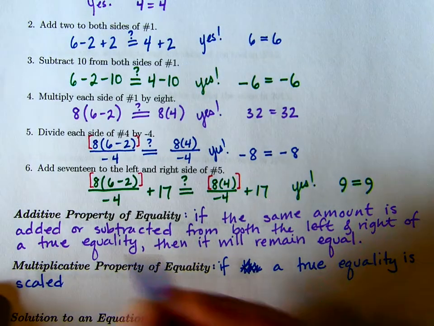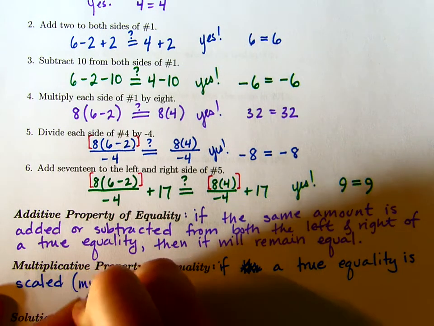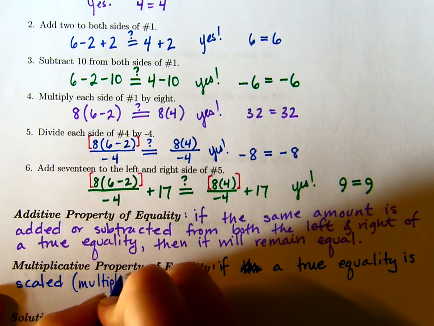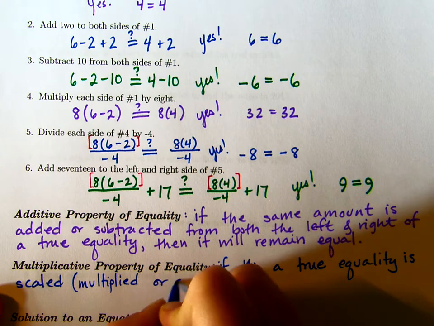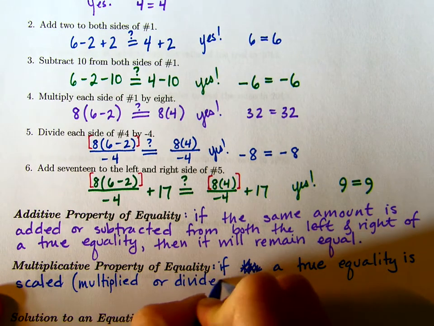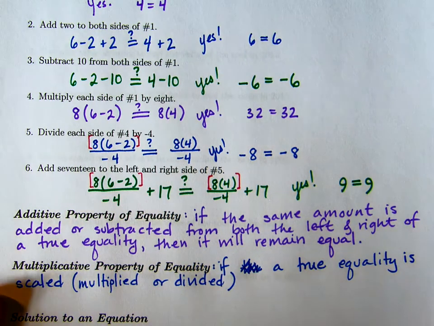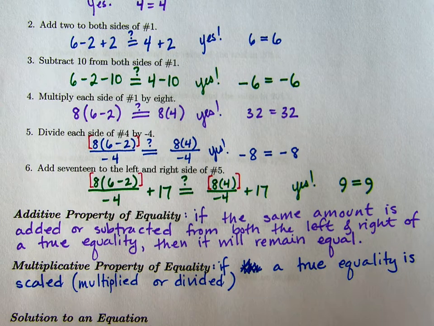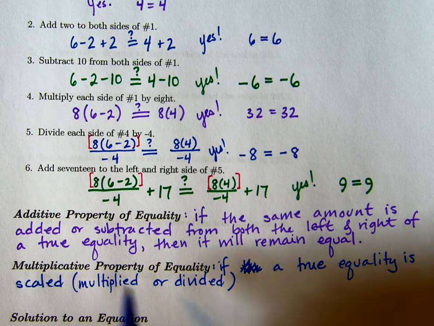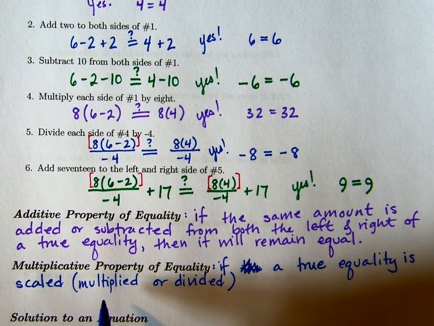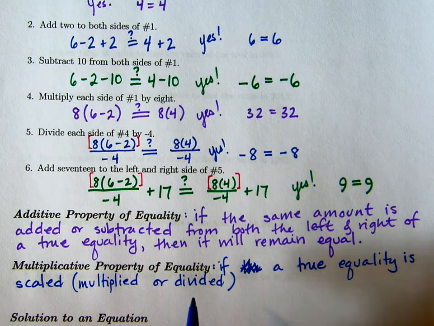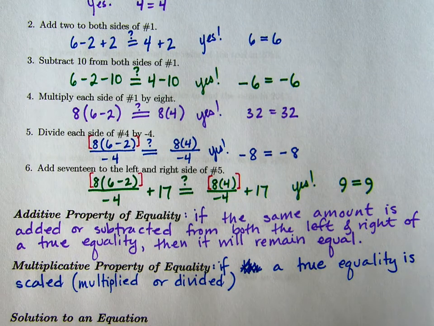scaled. Which is just another way to say multiplied or divided, scaled up, scaled down, except by 0, by the way. If you multiply both sides by 0, you will get equality. You'll get 0 equals 0, but you really can't scale down by 0.